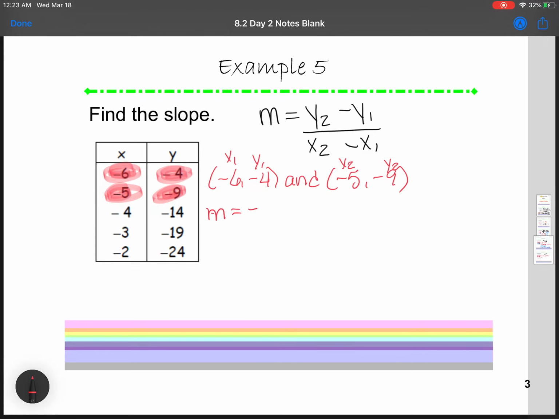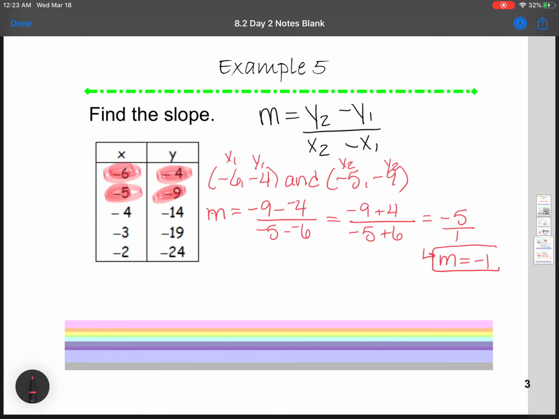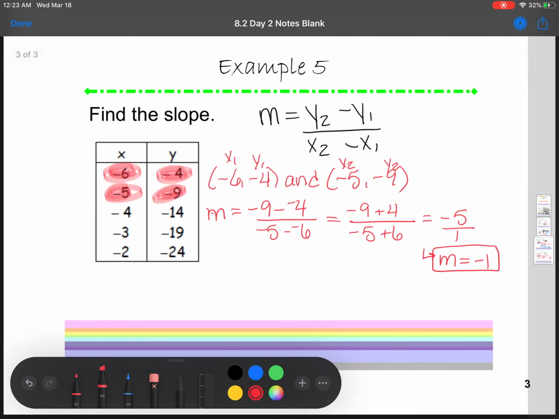M equals negative 9 minus negative 4 over negative 5 minus negative 6, or negative 9 plus 4 over negative 5 plus 6. So it is negative 5 over 1, or m equals negative 5.